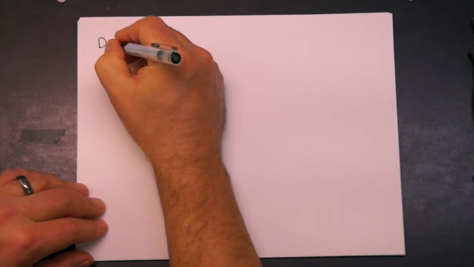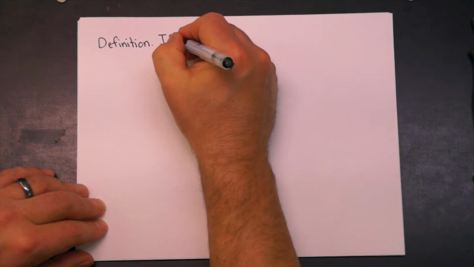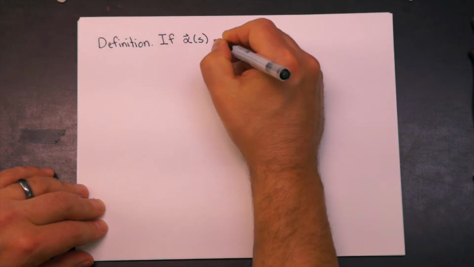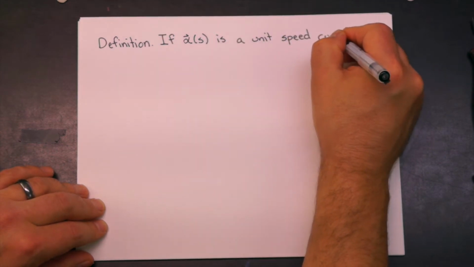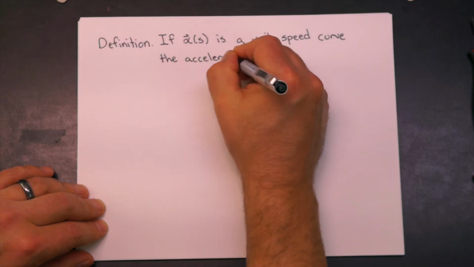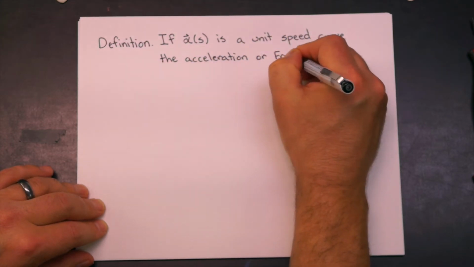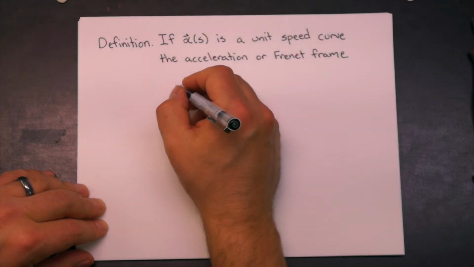Our first circle frame, the flat one, looked particularly physically natural, and there's a reason for that. If alpha of s is a unit speed curve, we can define the acceleration frame, which is also called the Frenet frame, in the following way.